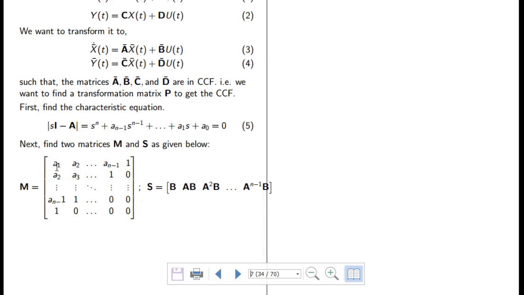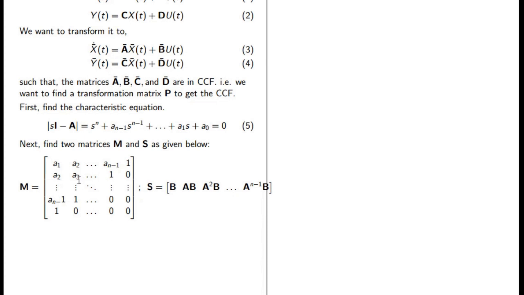It starts only from A1. That means the coefficient of the S term. Then the coefficient of the S square term, A2, goes up to this n minus 1th term. Then last you have to end with 1. Then the second row is a repetition of this first row, but A1 is left out, starts from A2.